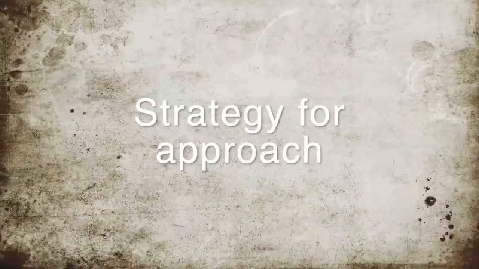Last but not least, I'm going to have a look at what approach I am going to use for conquering this monster of mathematics paper 2. So buckle up, get yourself ready, and let's start by looking at the different topics.